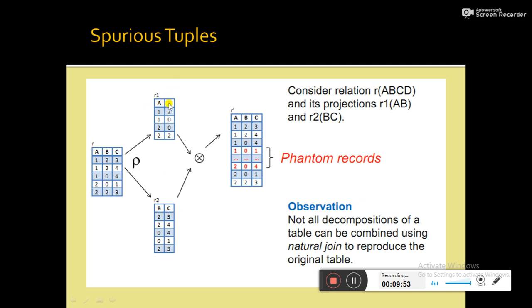R1 contains 2 attributes A and B. R2 contains B and C. The common attribute is B, and this symbol is the natural join operation. We are performing the natural join operation between R1 and R2, and it is going to be performed based on the common attribute B.